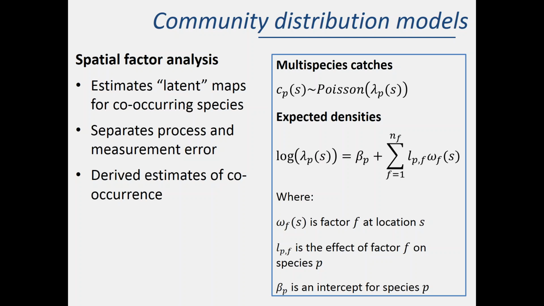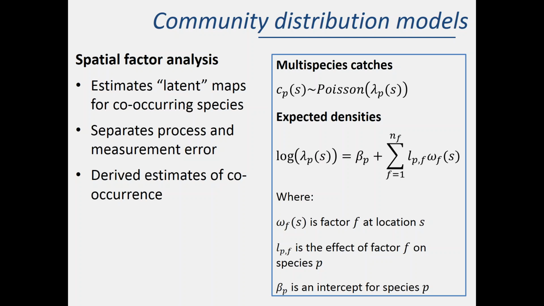So you basically take the product of a row of the loadings matrix times all of the factors at that location, and put that in your linear predictor. And that's what this summation, the sum from f equals 1 to nf, where nf is the number of factors, is: you're summing across the loadings matrices times the factors.